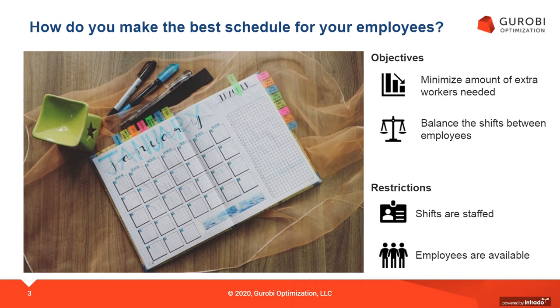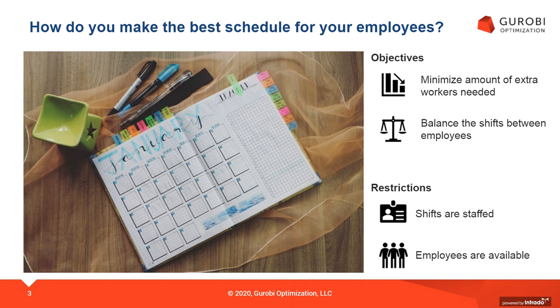So you want to minimize that impact. But at the same time, when you make your schedule, you also want to balance the number of shifts between the different employees. So you don't want that Anne, for example, gets 12 shifts, whereas Jack only gets 2. In order to create a fair schedule, all workers should be working a similar amount of shifts. But at the same time, you have certain restrictions that you cannot ignore.